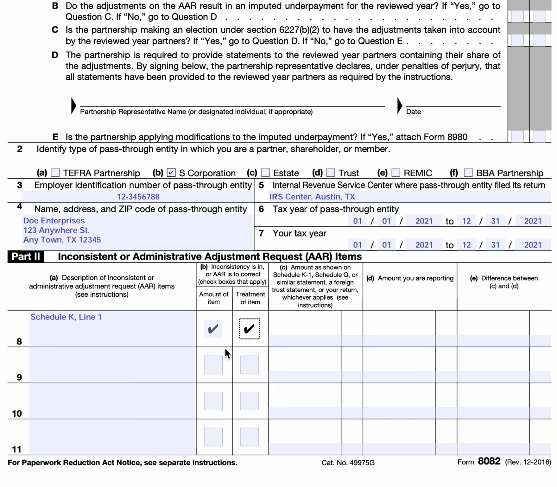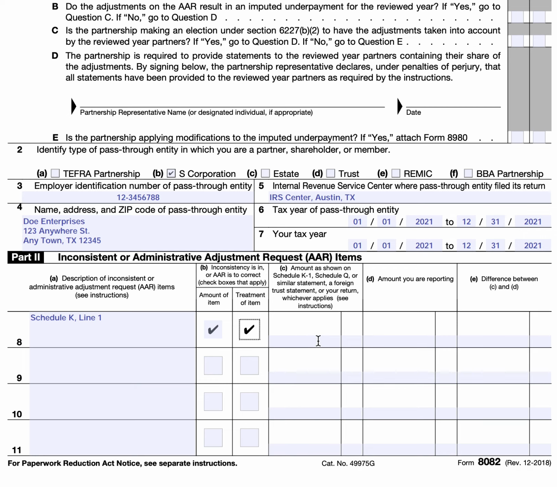So if it was a long-term capital loss that the partner categorized as an ordinary loss, then you might report that, right? So you would say this should be a long-term capital loss, not reported as a capital or ordinary loss. Then column C, D, and E have to do with the dollar amount.